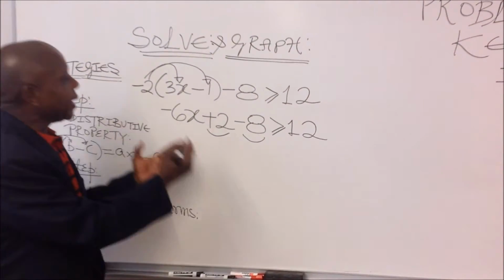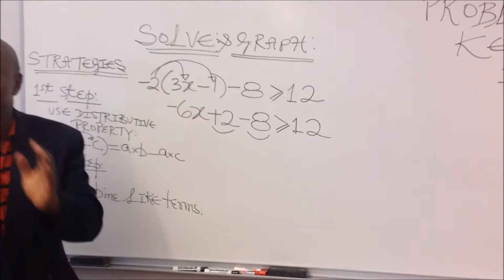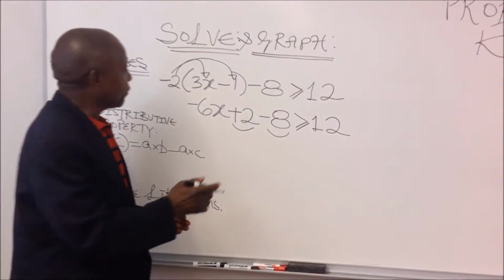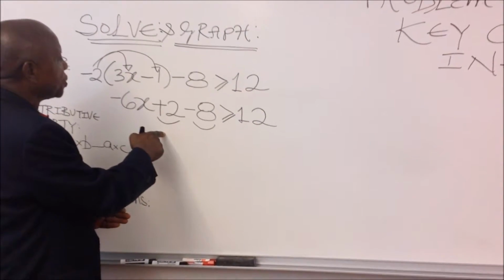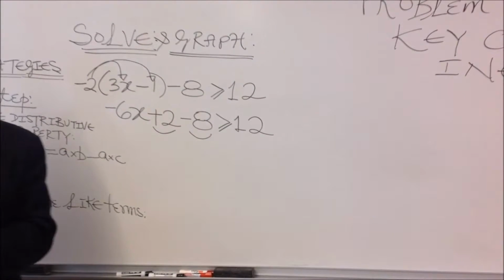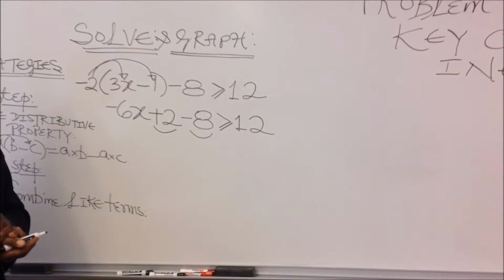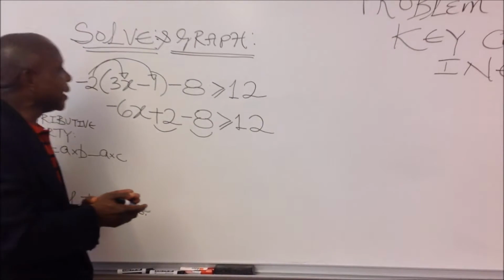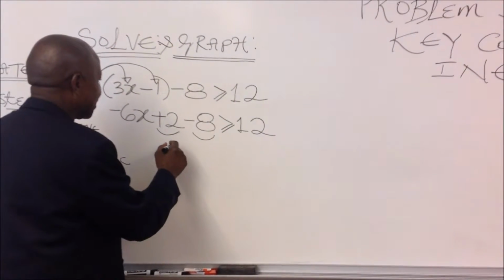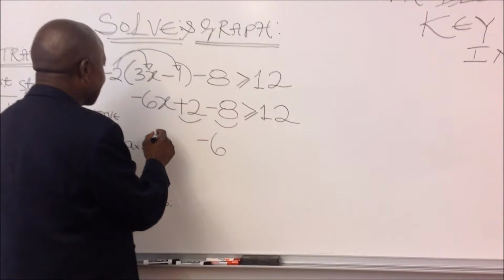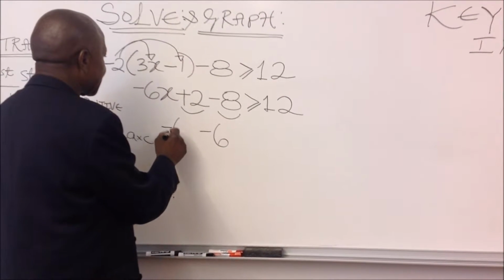Bring things that are alike together. That is what it means to combine like terms. So we're going to combine positive 2 and negative 8. What is positive 2 and negative 8? It is going to be negative 6.